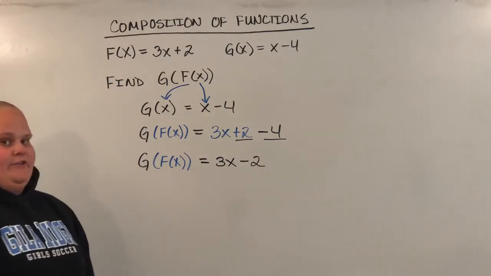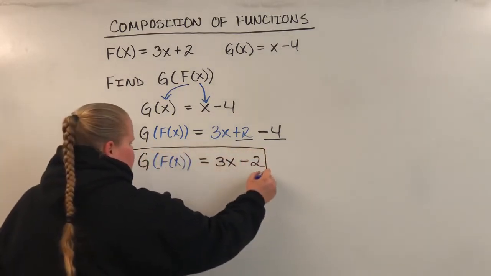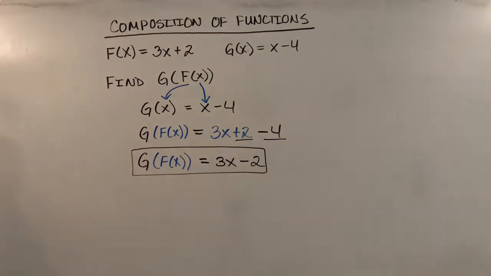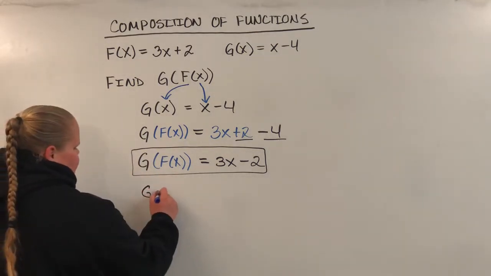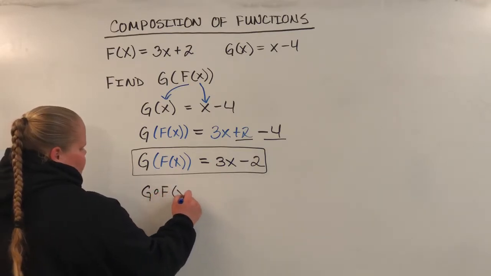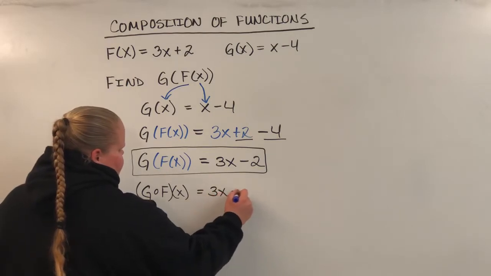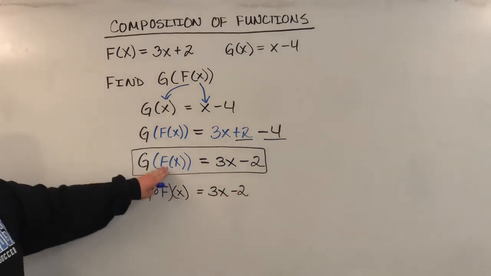I don't have any other like terms or things I can simplify, so this is what I have. G of f of x equals 3x minus 2. Now remember, this can also be written as g of f of x equals 3x minus 2. These are equivalent, so this is the same as that.